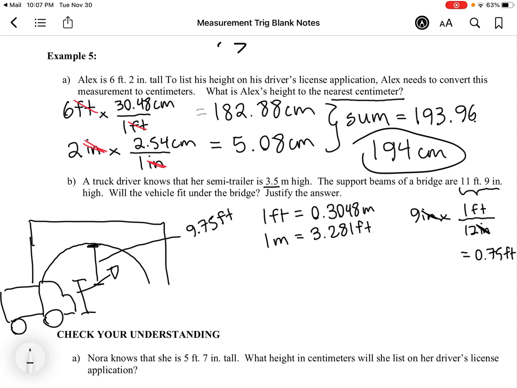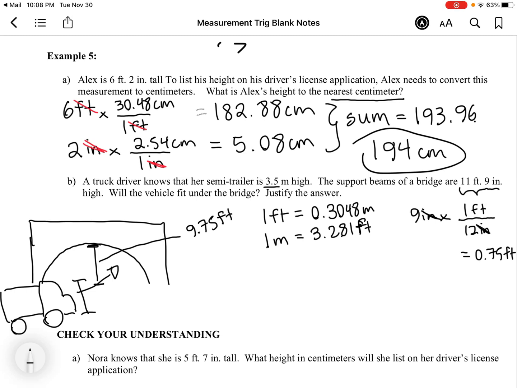And again, this is just like when we looked at miles and kilometers. These actually represent the same thing, because if you look at meters over feet, 0.3048 over 1 would be the same as 1 over 3.281. There we go. I couldn't read my own writing for a second.